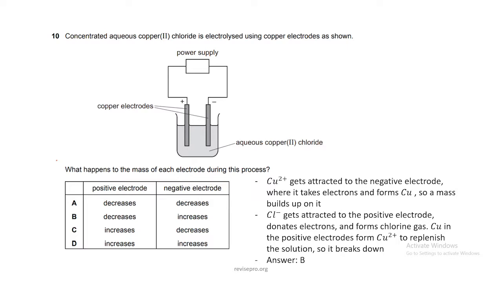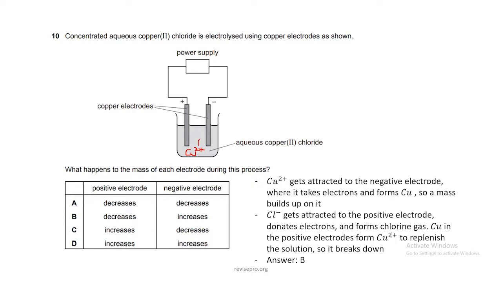Concentrated aqueous copper chloride is electrolyzed using copper electrodes as shown. What happens to the mass of each electrode during the process? Alright. So in this solution, there are Cu2+ ions.